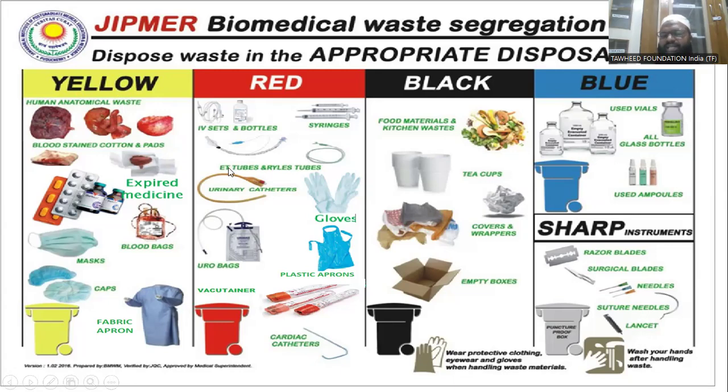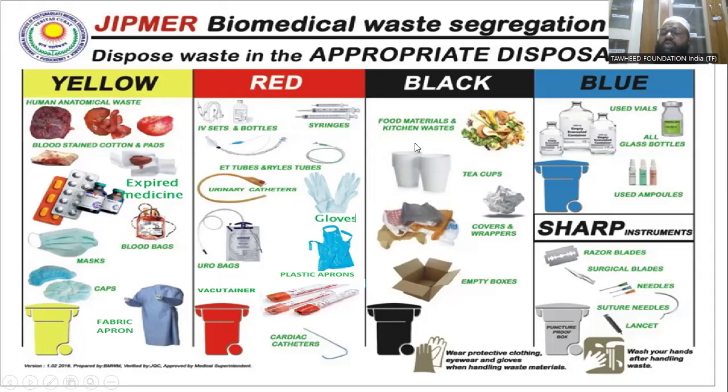Coming to the red container, the red bin: IV sets and bottles, syringes. Syringes we have to discard in the red container. ET tubes, Ryles tubes, urinary catheters, gloves, plastic aprons, urobags, vacuum tubes we have to discard in the red container.